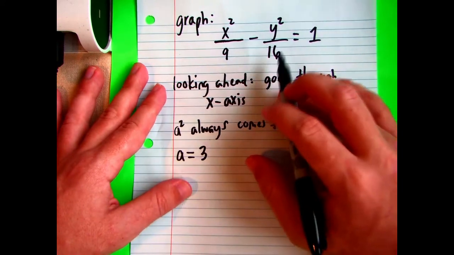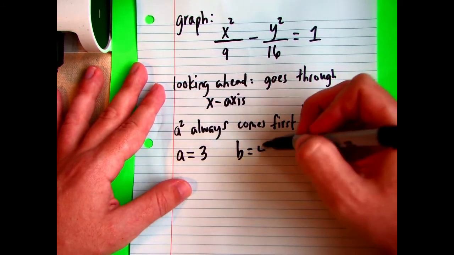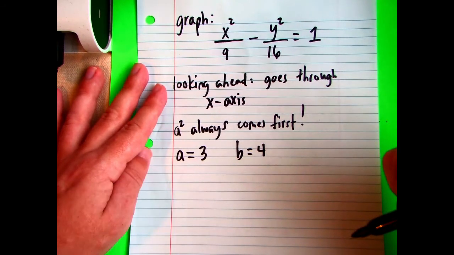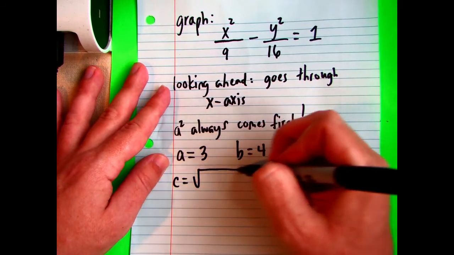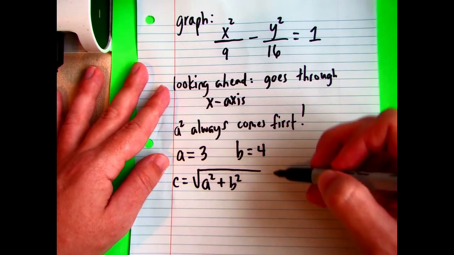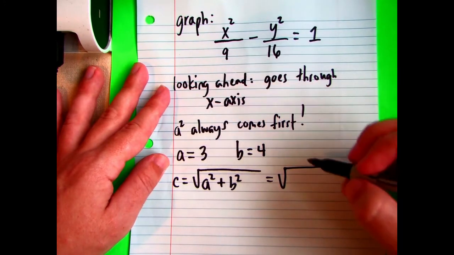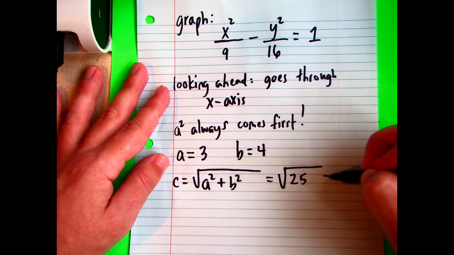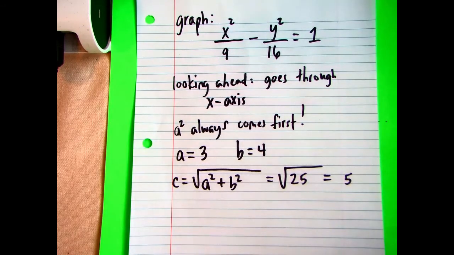I know that with ellipses it was a matter of what number is bigger, but for here it's just what comes first. So based on this, a is 3, b is 4, a squared plus b squared equals c squared. So c is the square root of 25, so c is 5.